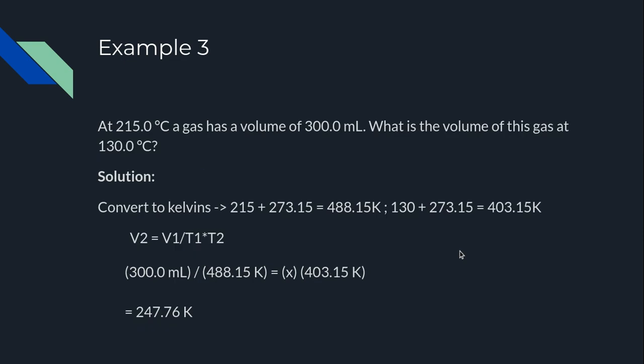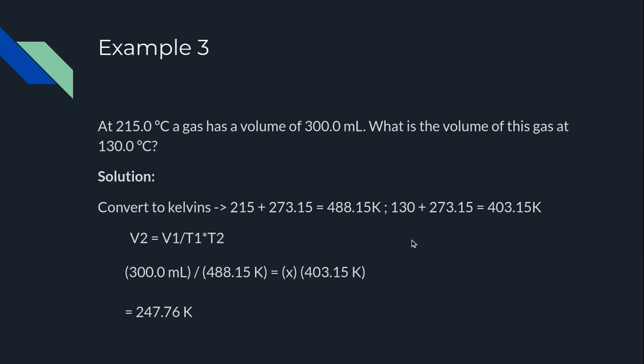And the last example: at 215 degrees Celsius, a gas has a volume of 300 milliliters. What is the volume of this gas at 130 degrees Celsius? Start by, again, changing everything to kelvins because you're still given Celsius.